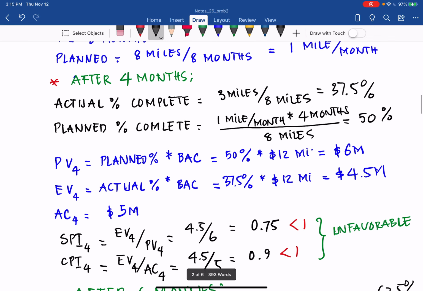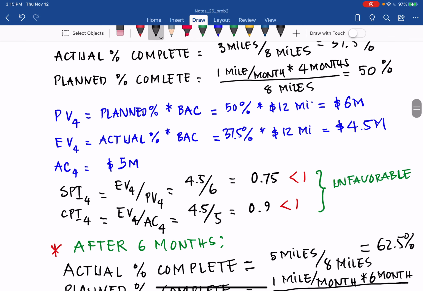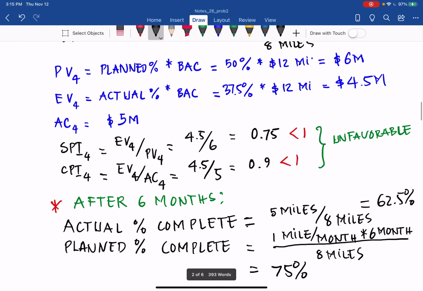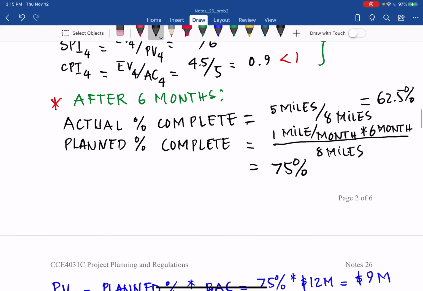Then we can determine the schedule performance index SPI equal to EV over PV, and the cost performance index CPI equal to EV over AC. Both are less than 1, so behind schedule and over budget: 0.75 for SPI and 0.9 for CPI. After 6 months, we can do the same. The actual percent complete is 62.5% and the planned percent complete is 75%.